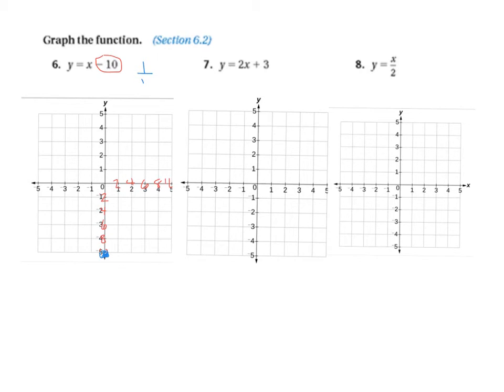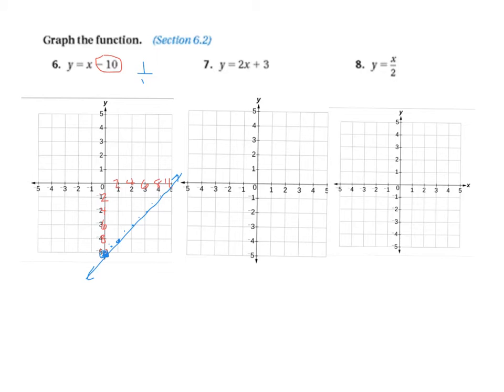So that would be up 1 over 1. So it would be like kind of in the middle here. And then if I did up 1 over 1 again, it would be there. Up 1 over would be in the middle again. There. So my graph is going to look something like that.